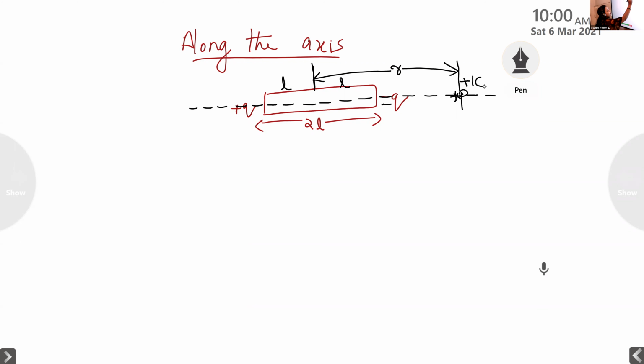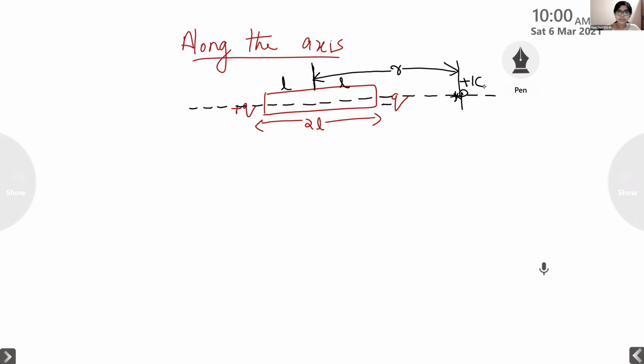This charge minus Q experiences a force due to the presence of this plus 1 coulomb charge. What type of force is present between these two charges, minus Q and the plus 1 coulomb charge? Attractive. Yes, very good.